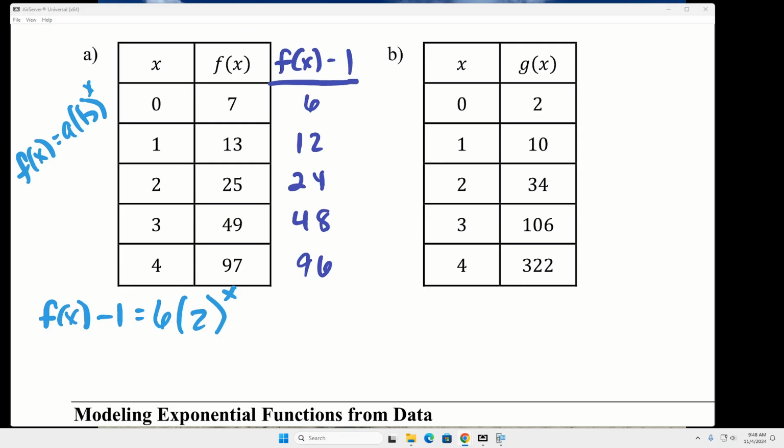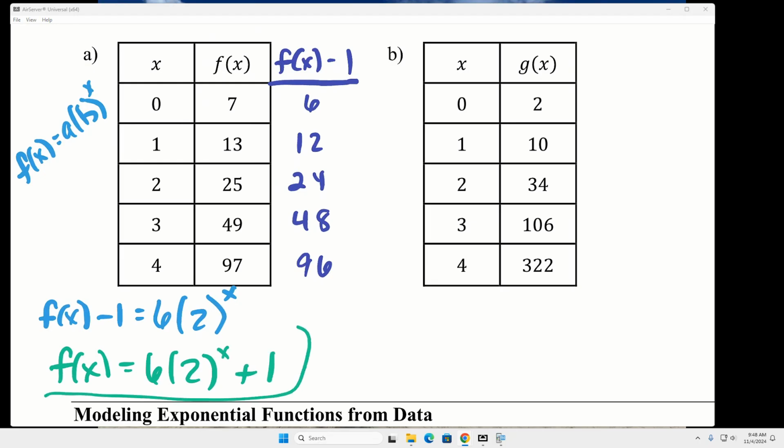Okay, so we've written an equation for this one. What we want is an equation for this one. But that's okay, that's easy to do. That is just f of x. So what we're going to do is just add 1. All right, and then we can check that real quick.